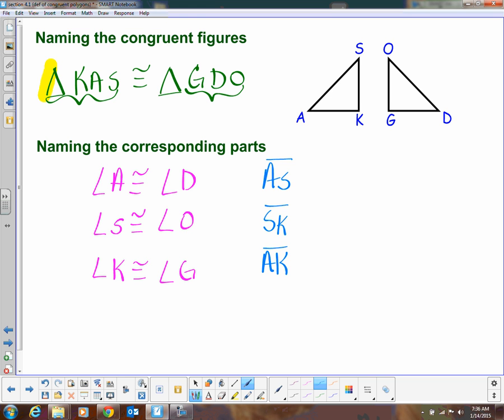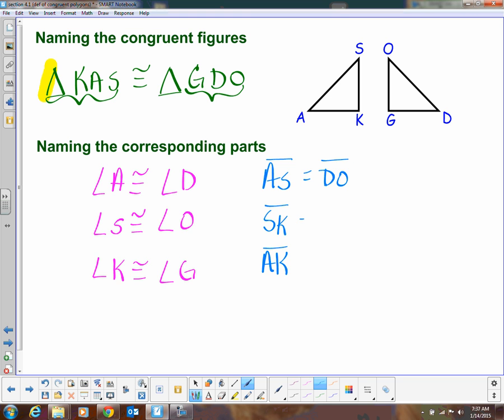Now, if there were 4 sides, you'd have 4 of them. All right. You've got to make sure you correspond. AS corresponds to what? AS? Okay, you did a great job. You cannot do OD because O does not correspond to A, because A came first, D has to come first. S came second, O comes second.